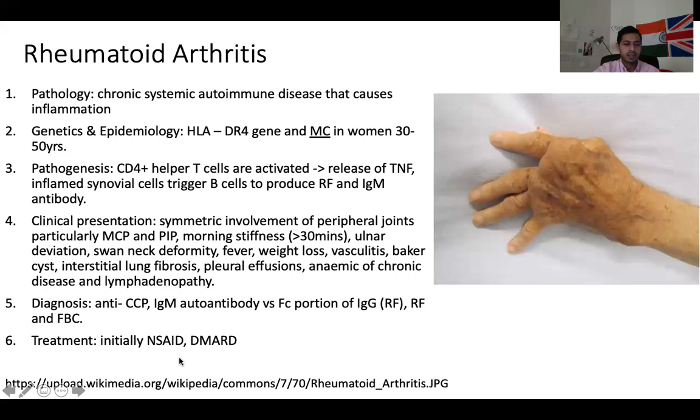And I think there is a shift towards DMARDs being used more often nowadays because they have a better prognosis further down the line. So these are the treatments usually. There is also an option for some surgery in the form of joint replacements, some arthroplasties or arthroscopies as well, and some shaving of the joints as well. So this is rheumatoid arthritis.